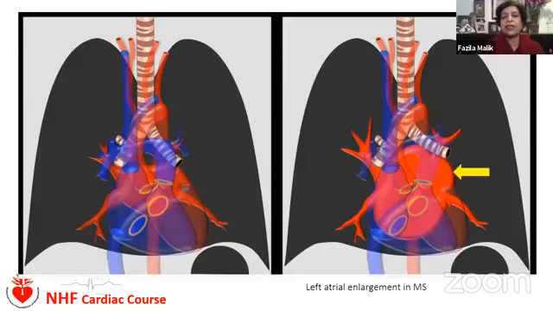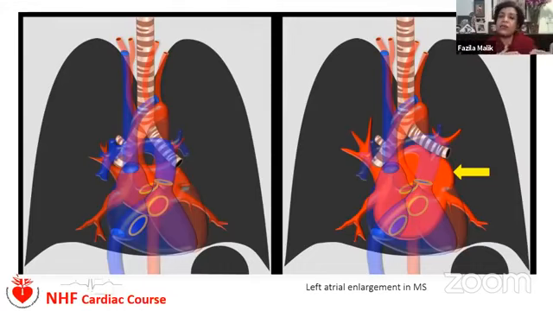In mitral stenosis, we all understand that there is a problem with the mitral valve. It is stenosed, and therefore blood is not flowing adequately from the left atrium to the left ventricle. So there is a buildup of blood in the left atrium, and this eventually leads to an increase in pressure and volume of the left atrium, and the left atrium increases in size.